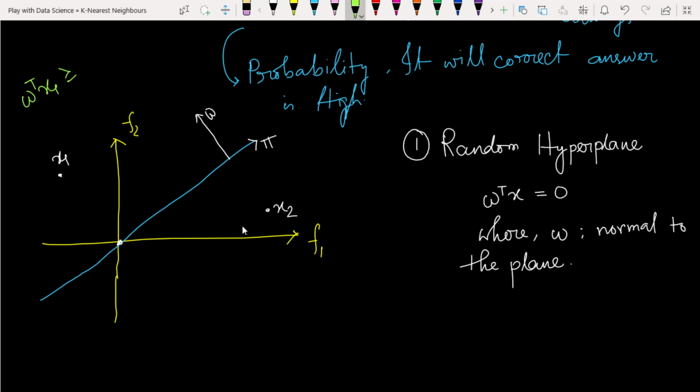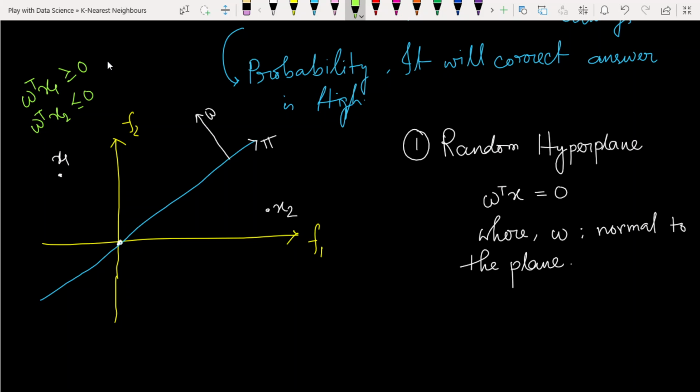And what about x2? Because the direction of w and the direction of x2 are on opposite sides of the plane, w transpose x2 will be less than or equal to 0.